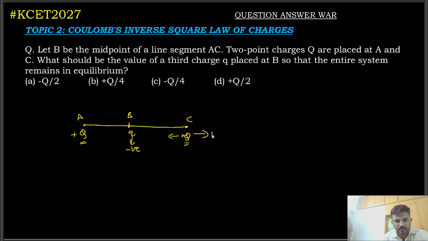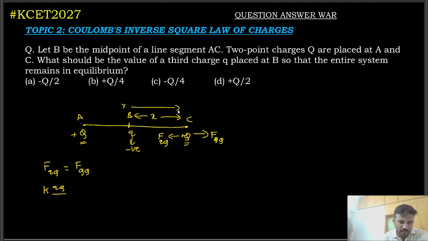Let's calculate. Let's consider the repulsive force is F1, the force between capital Q and capital Q, and the attractive force is between small q and capital Q. So F of QQ is equal to F of capital Q small q. The formula is K Q1 Q2 by the distance. The distance between these two is half of R, so R by 2 whole square, that is equal to K Q1 Q2 divided by R square.